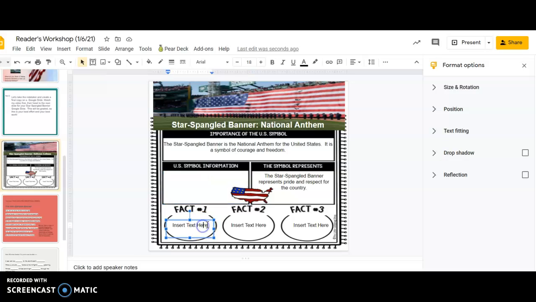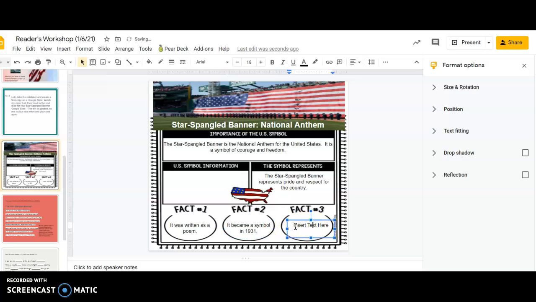So, you know what I think I'm going to do first? I think I'm going to write down, for fact 1, it was written as a poem. Fact number 2, I'm going to write it became a symbol in 1931, and I misspelled symbol.